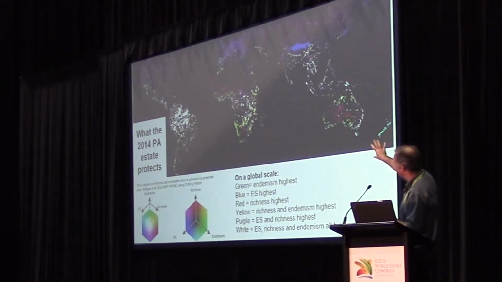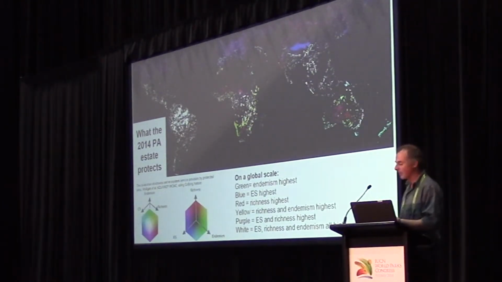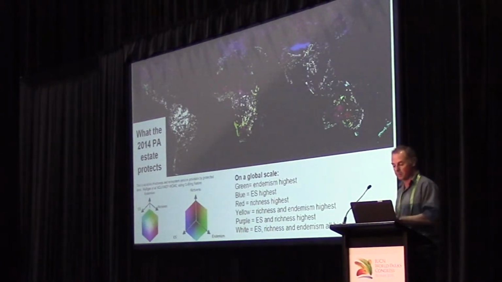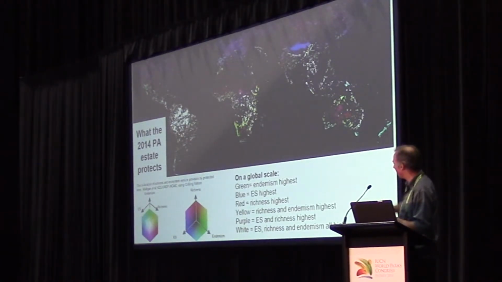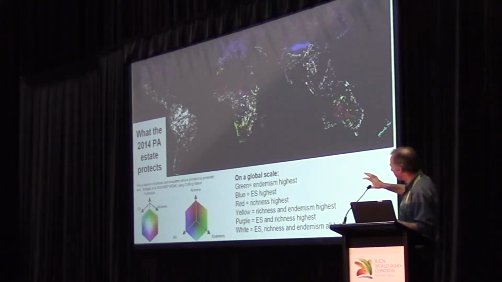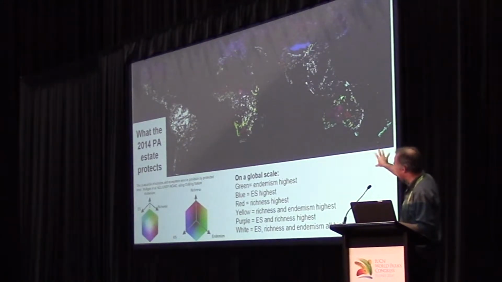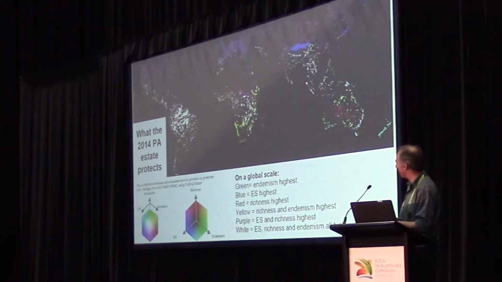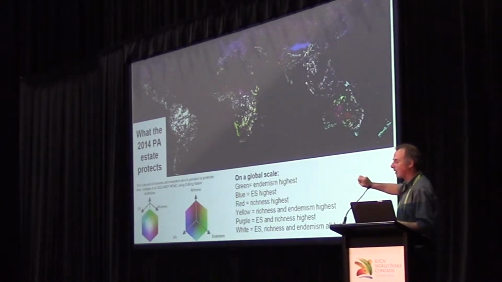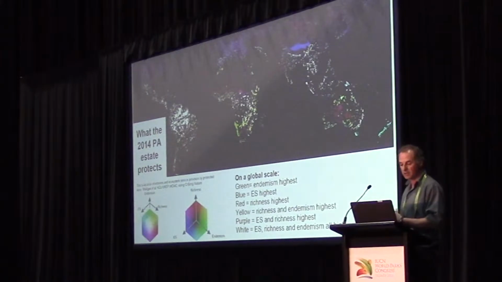So if protected areas that you see there are green in colour, and you can see a few of those, that means that the thing that they're most protecting is endemism. If they're blue, like the ones in Europe, for example, or the Himalaya, what they're most protecting is ecosystem services. And so this tells you a little bit about the database behind the system. If they're white, like most of the Amazon, well, that's protecting everything. High richness, high endemism, high ecosystem service.